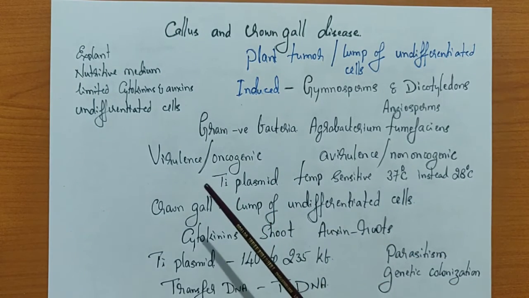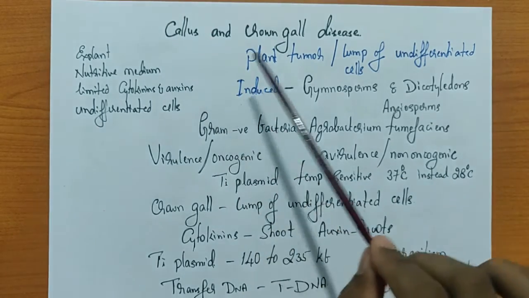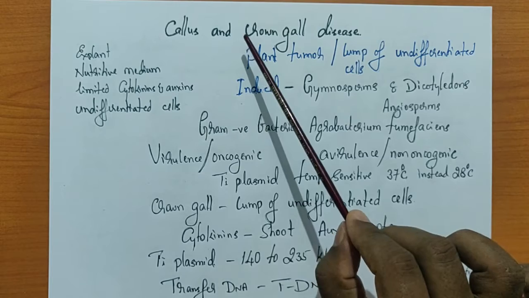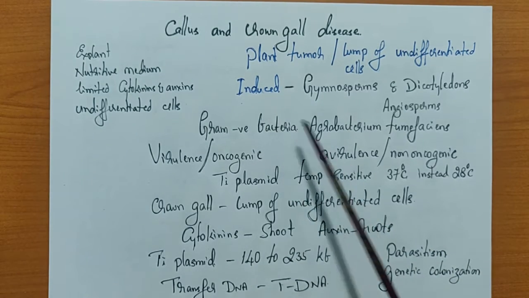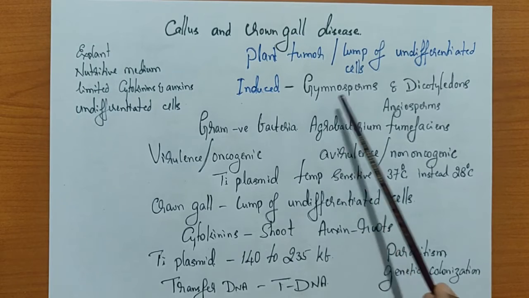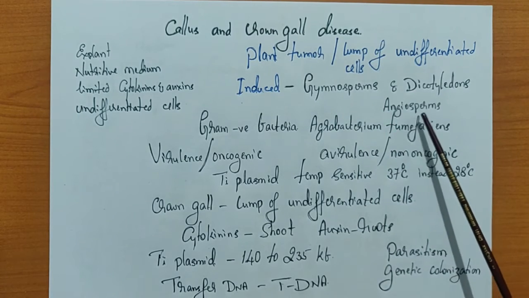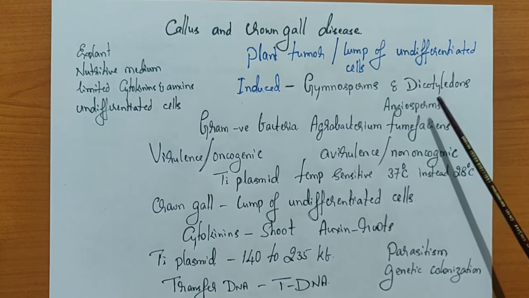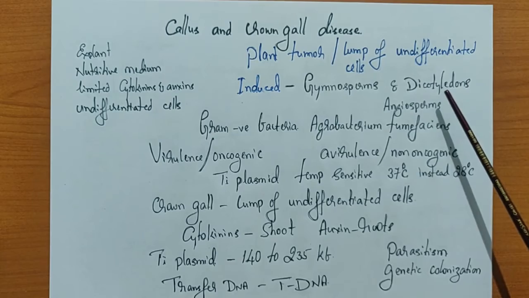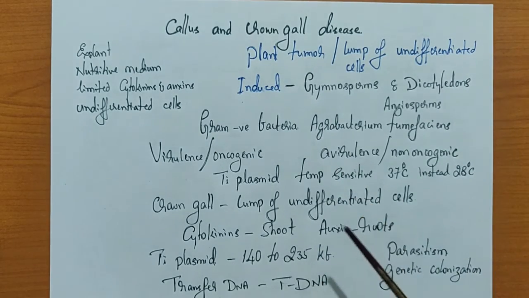A similar callus-like situation is observed in most of the angiosperms or gymnosperms. Gymnosperms are the non-flowering plants, and then we have the angiosperms, the flowering plants, in which the dicotyledonous angiosperms are going to be common with respect to this disease, what is known as crown gall disease.